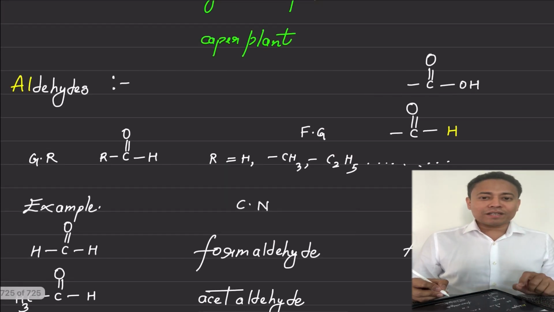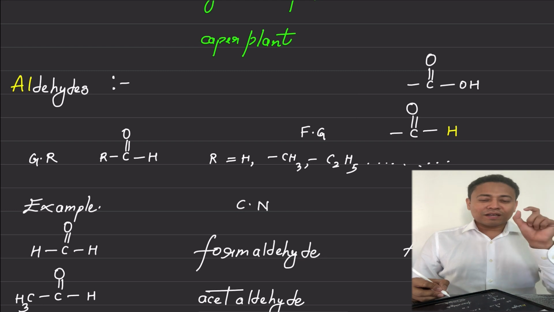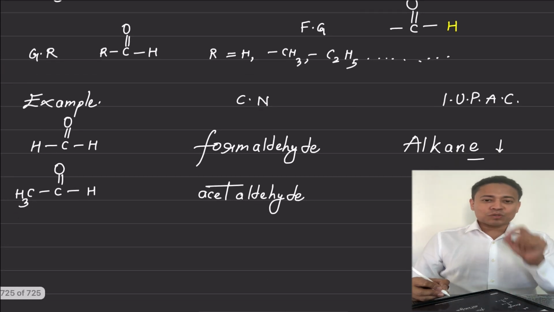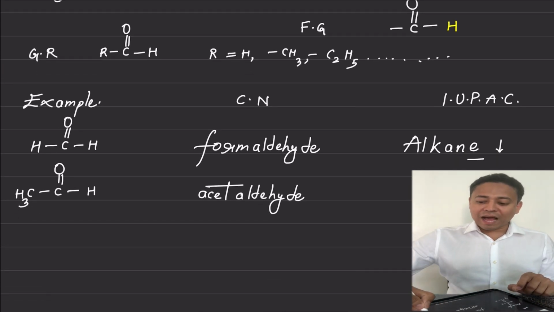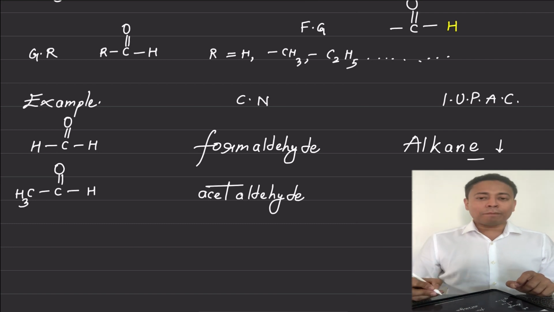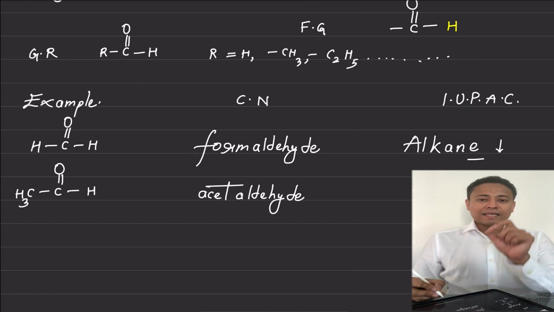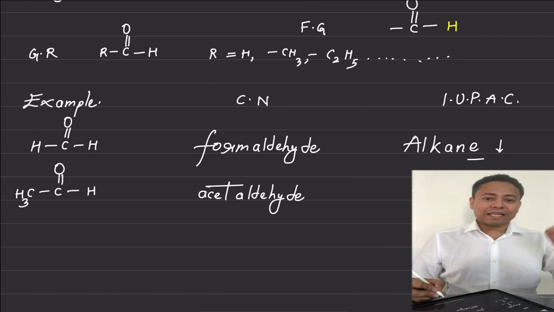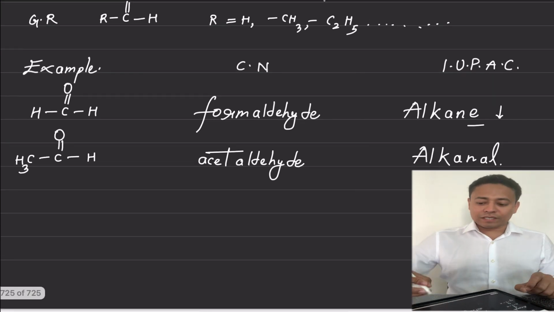I have purposely written them in yellow color so that you can clearly understand why only the initial two alphabets were colored yellow. And that is what we are going to do now. The E of alkane is going to be replaced by Al, and the name of this compound becomes alkanal.